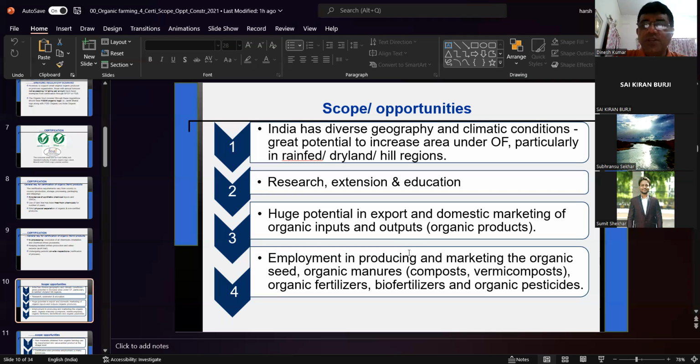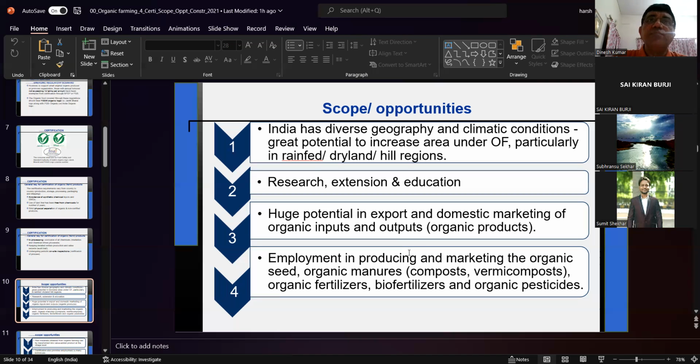It is increasing slowly. I have shown you the data. So organic farming has good scope in employment generation, particularly when you have two kinds of things: one is organic input, and the other is organic output. In input, you have seed, manures, pesticide, biological pesticide or botanicals, biofertilizer.